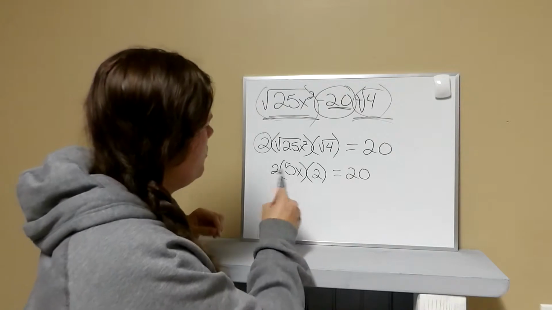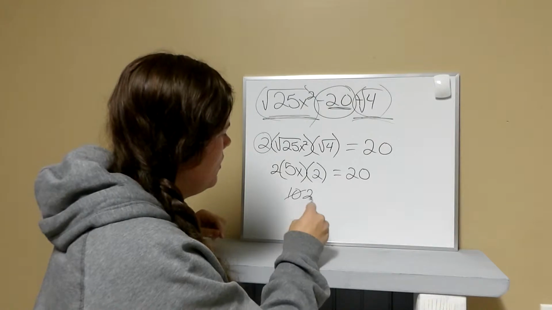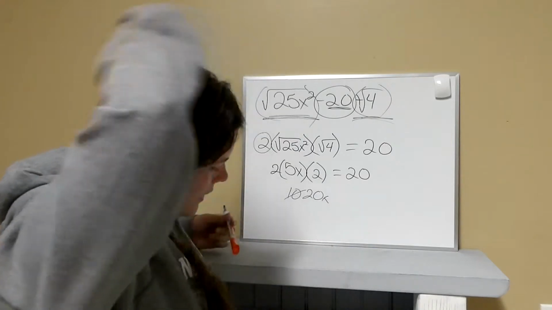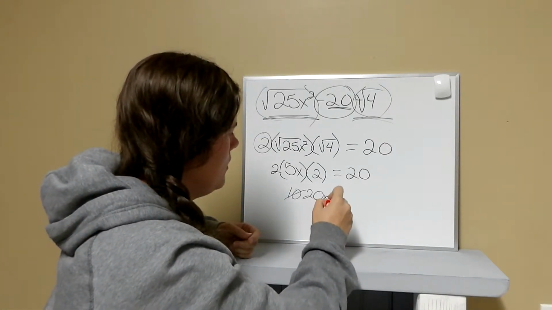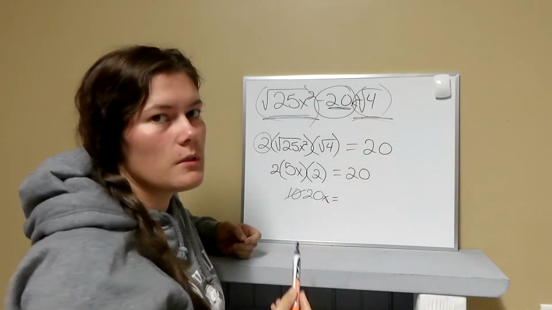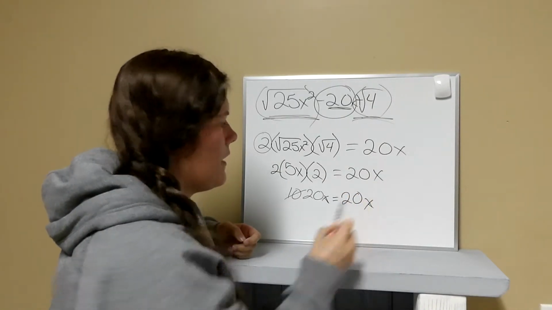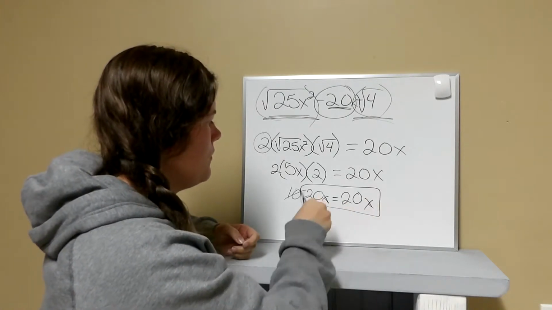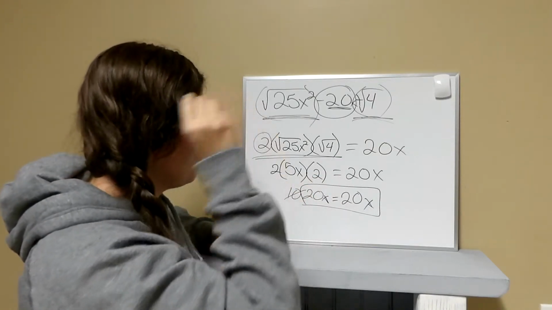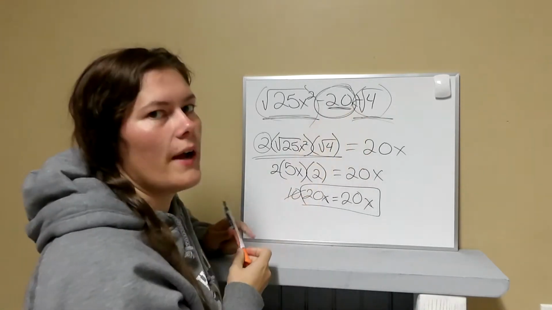So then you would have 2 times 5, which is 10, times 2 would equal 20x. Oh, I forgot to put an x here. There's supposed to be an x there. So it's supposed to be x here, and this is going to be equaling 20x. So here, you're checking your equation. You can't just leave it as a factored binomial. You actually have to solve it and check it to make sure that this is correct.